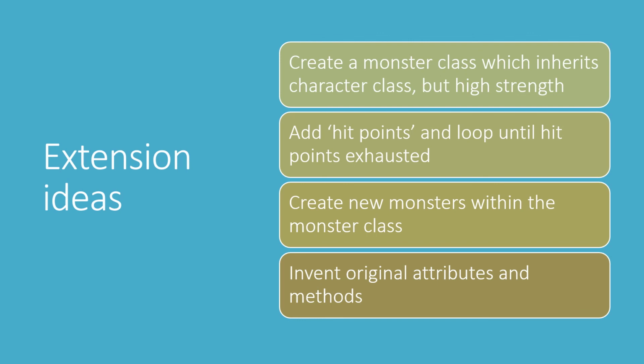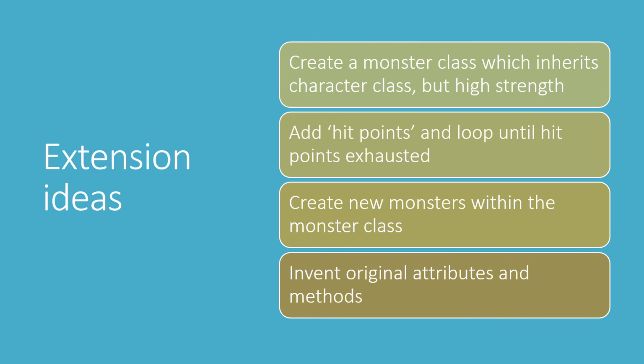So here are some ideas for extension activities. You could create a monster class which inherits the character class methods and attributes, but instead of random strength, has permanently high strength. You could give all your characters hit points, which they lose.